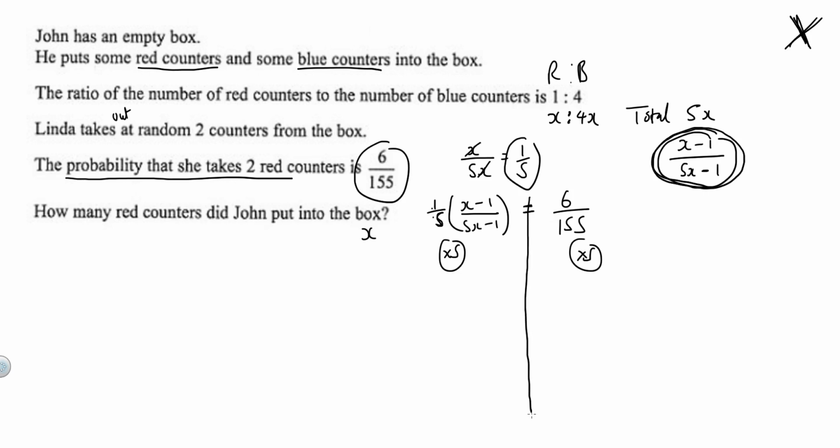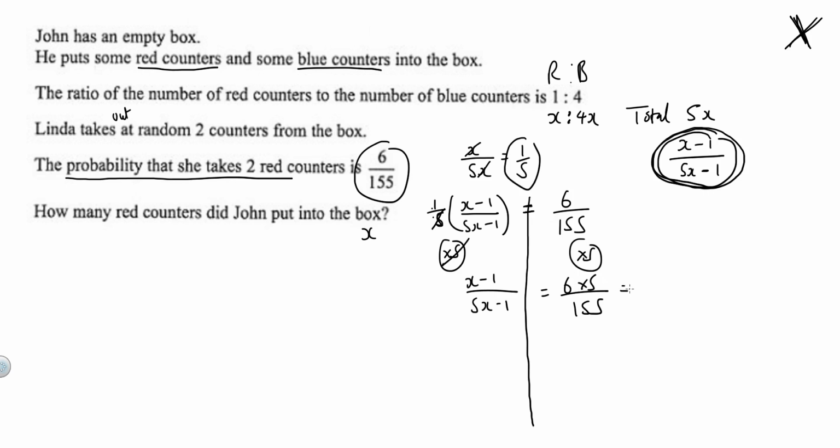Probably need more space than this. The 5's divided by 5 is knocked out by times by 5. I'm just left with this thing over here equal to, well, times by 5, obviously that affects the numerator, so that's going to be 6 times 5 over 155. 6 times 5 is obviously 30.